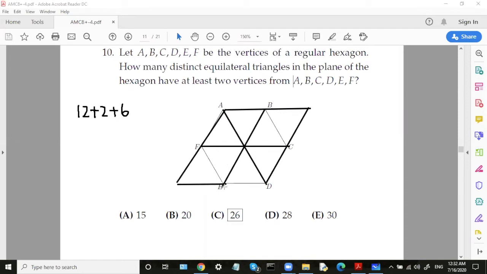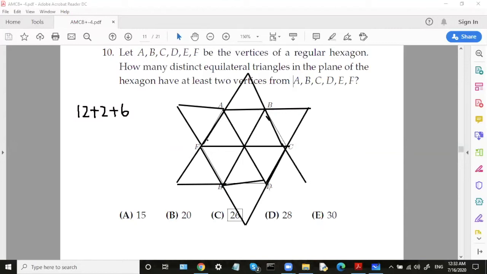So this one is also 2. And FC can give us 2. And BE can also give us 2.